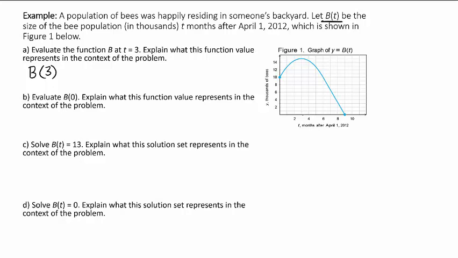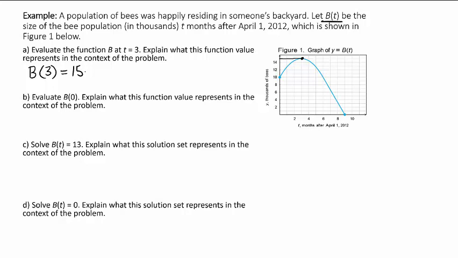So if I go over to where x is 3 and go up on the function till I hit it, it looks to me like that happens where the y value is 15. Okay, so b of 3 equals 15.